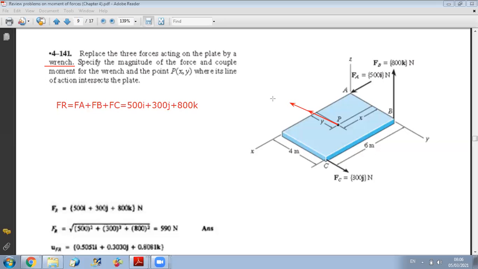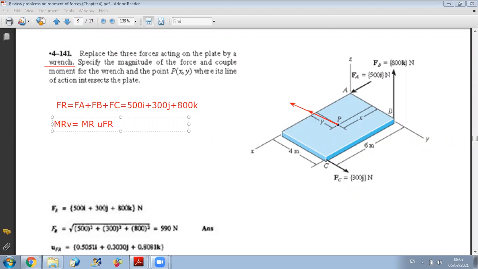So how can we write this in an equation? Okay, if two vectors are collinear, then I can write the moment vector MR should be equal to a certain algebraic value, which can be positive or negative, depending if MR and F are same sense or not, times the unit vector of FR.